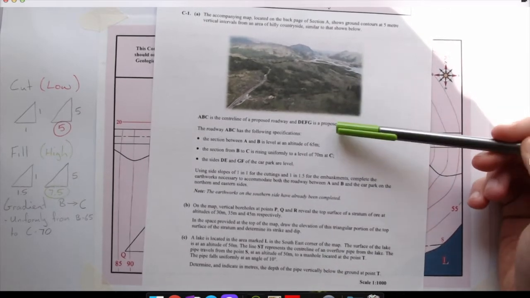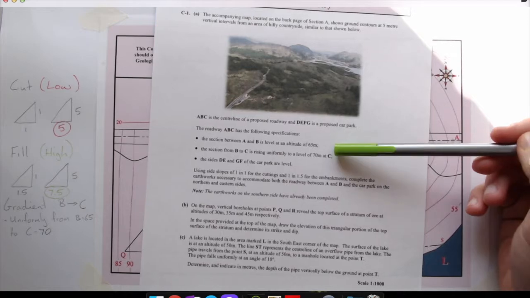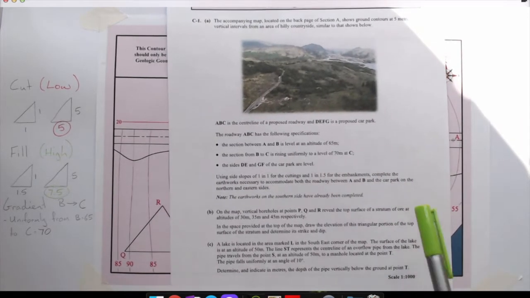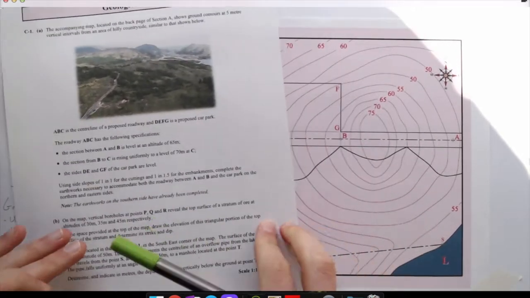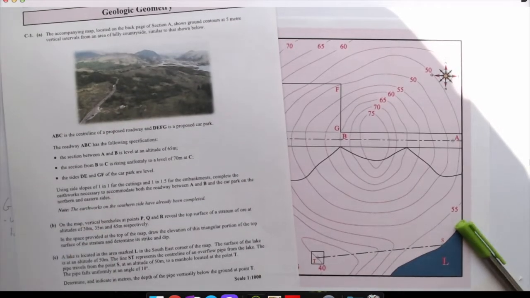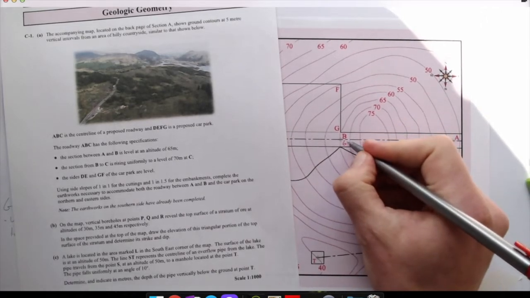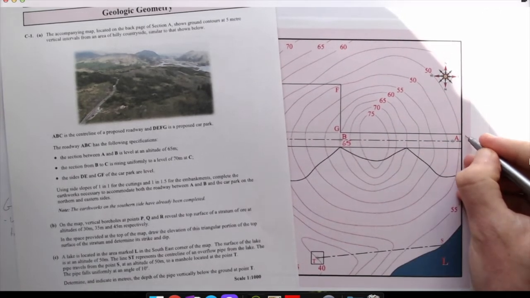So first of all, with the road section, we're told that section A to B is level at an altitude of 65. So part of the road is level at 65. So put that in first. So A to B. I have B here at 65, and I have A here also at 65.